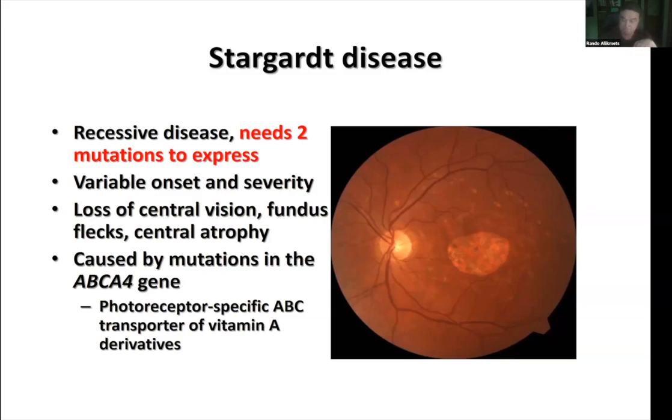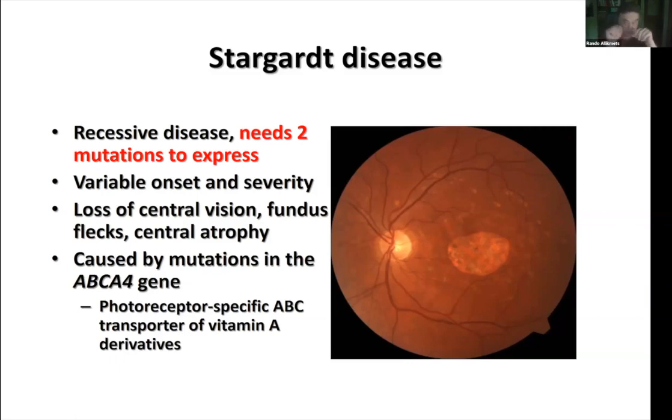This is where we have most of our cone photoreceptors. This is where we have central vision, color vision, and so on. And that part is affected in Stargardt disease. The periphery is most often not affected at all. So that's why it is the direct opposite to another well-known eye disease, retinitis pigmentosa, when you start losing vision from the periphery, and then you get to tunnel vision.